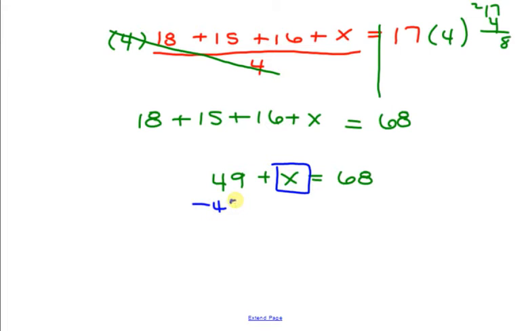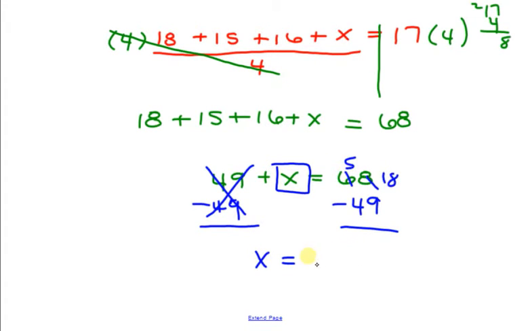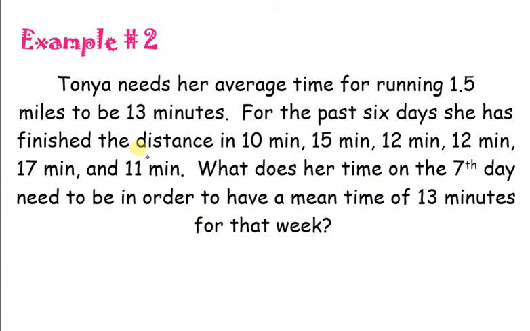Oops. Whatever I do to one side, I do to the other. These guys cancel, and we're left with x equals 19. So what does this mean? If she wants an average of 17 on all of her projects, she needs to earn a 19 on the last one. All right, let's try another example.